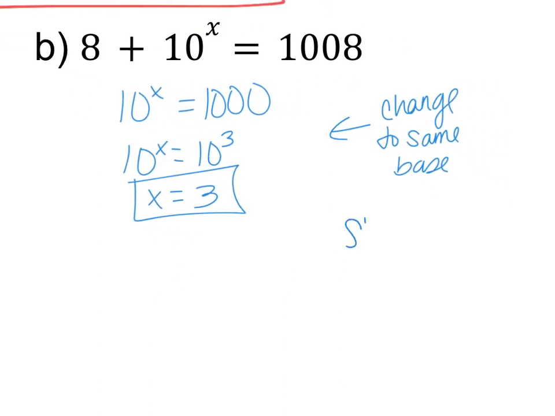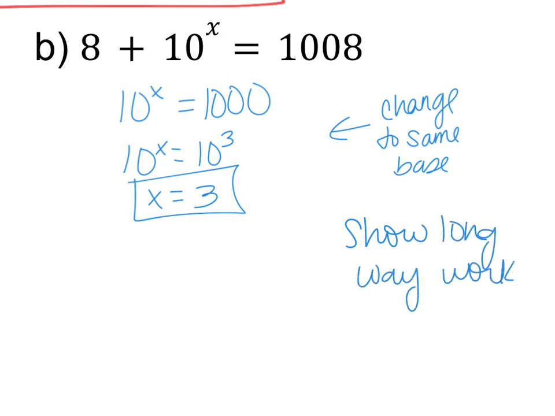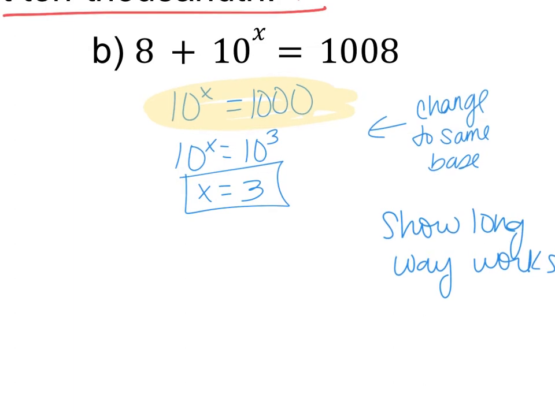All right, let's show the long way. Okay, so I'm going to start at this line right here, the second line technically, and I'm going to take the log of both sides. So the log of 10 to the x equals the log of 1,000.